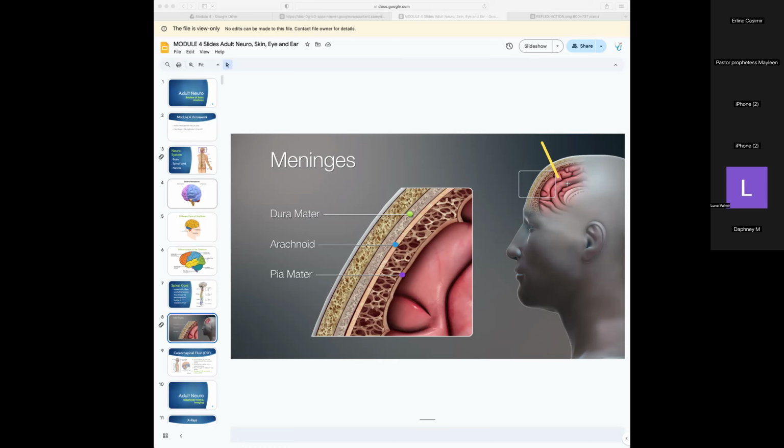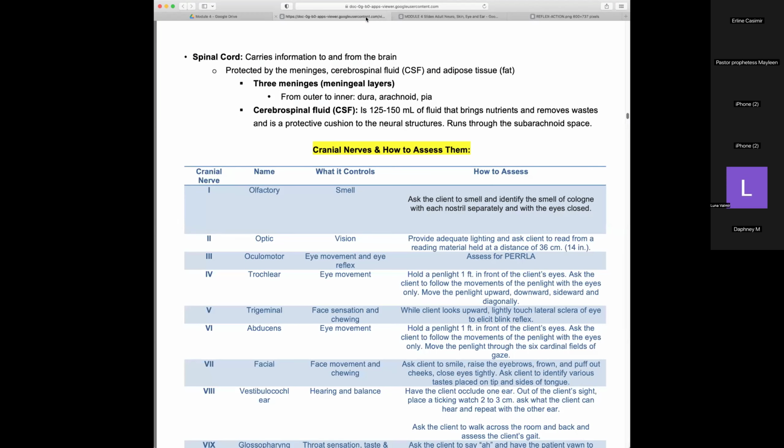And then if we don't reverse that, that part of the brain can die, right? So we're going to learn about that. And so that is the beginning of increased intracranial pressure and why it can be fatal.